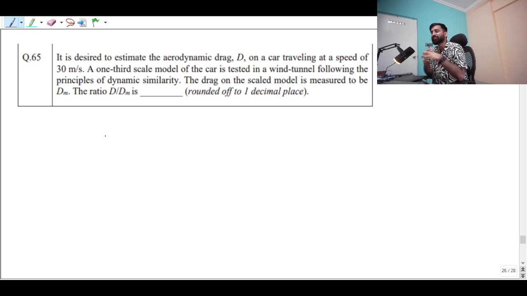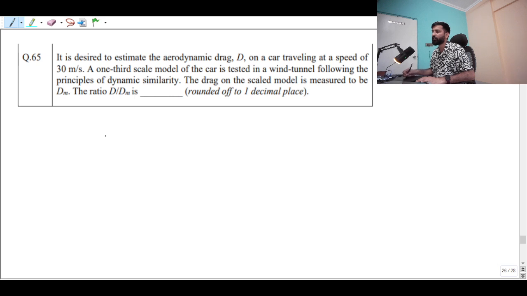Dynamic similarity is going to ensure that the measured drag will be directly proportional to the drag D on the full scale car. So you have to measure the drag Dm, the measured drag, that you will measure for the scaled model of the car.